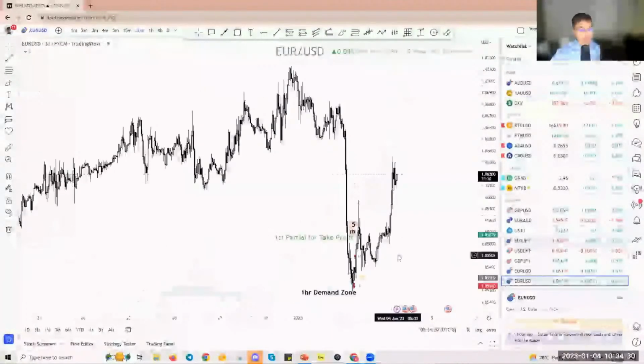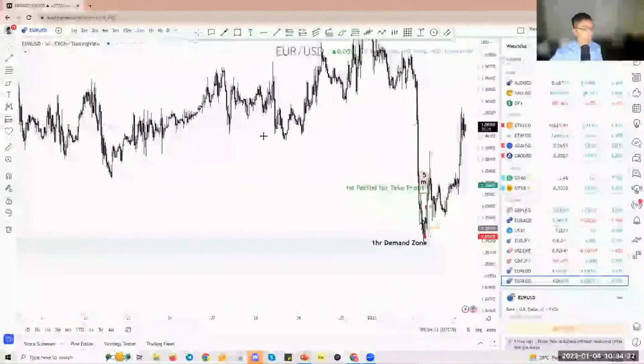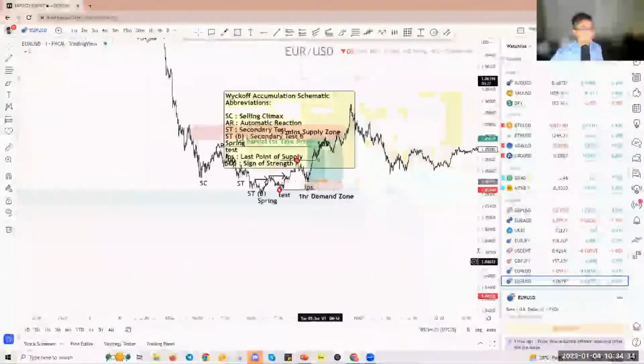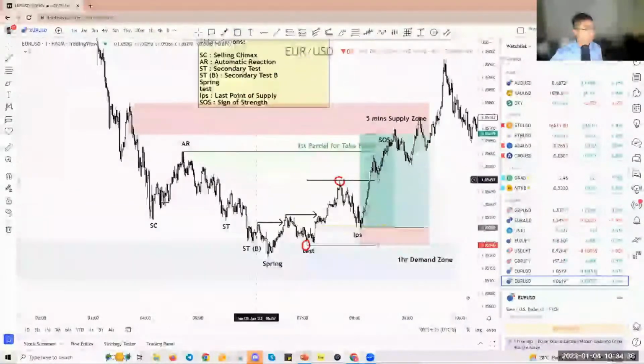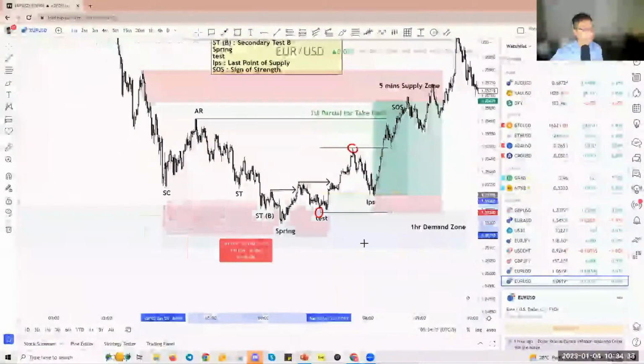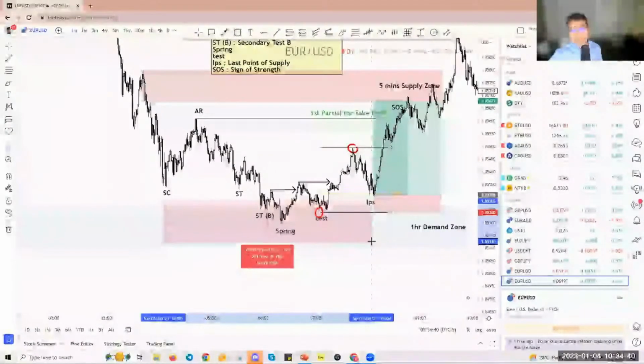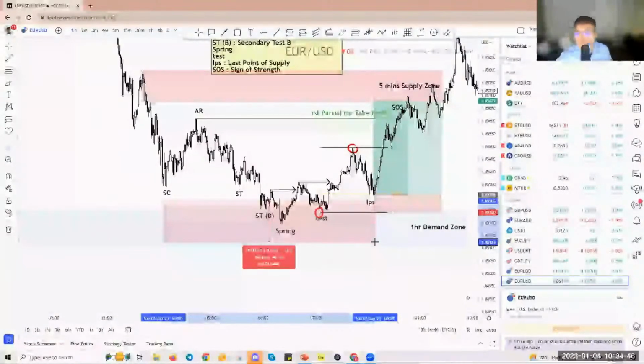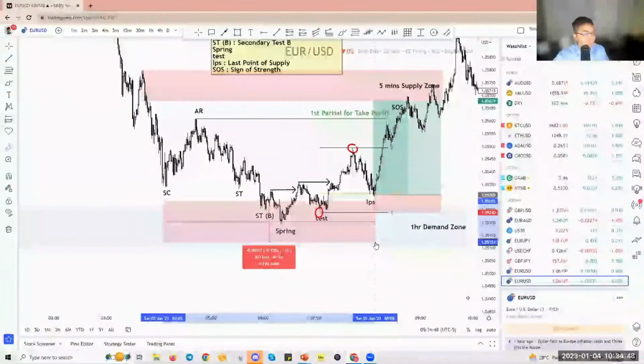For example, just now the euro dollar one actually took a good 4 hours, nearly 4 hours, to form the schematic, and it's on 1 minute. You can only see Wyckoff quite clearly on the 1 minute chart.